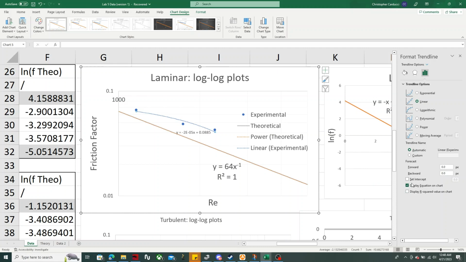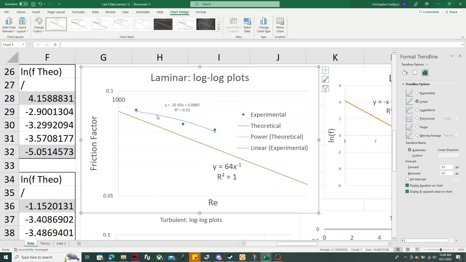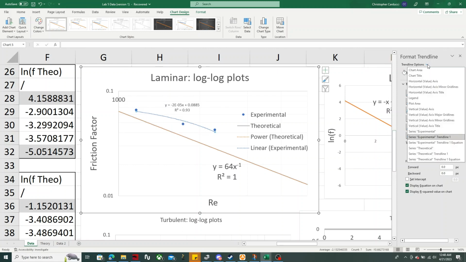In fact, if I hit display equation on chart, and then display r squared value, you'll see my r squared value isn't terrible, but it could be better. So if I double click this trend line, or you can go up here and select series experimental trend line 1.